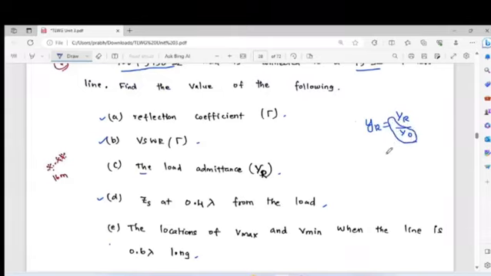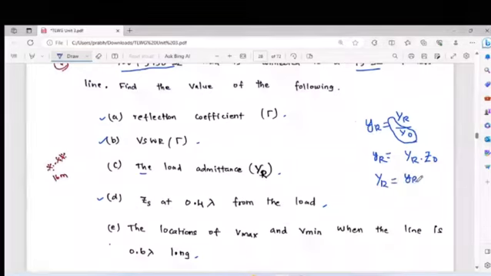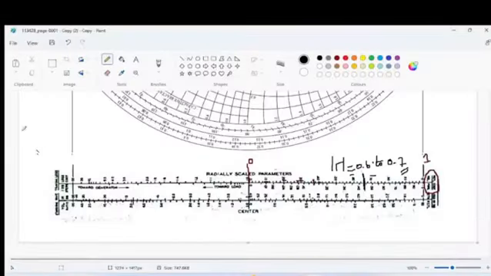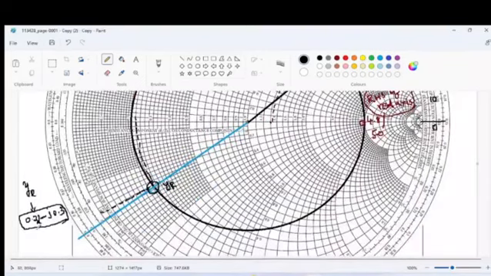The reciprocal of characteristic admittance is Z naught. So small yr equals capital YR into Z naught. So for finding capital YR, small yr divided by Z naught. What is small yr? Just now we found out, 0.22 minus j 0.3, right?